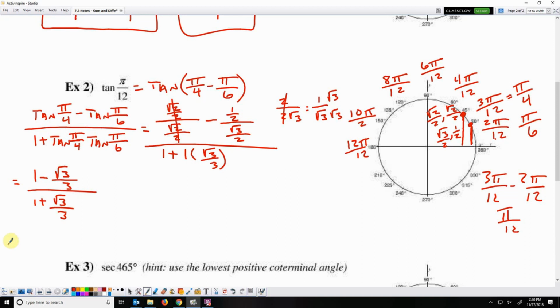Okay? So next, I need to be able to combine these terms in the numerator and then these in the denominator. 1, written with a common denominator here, is going to be 3/3. So it's 3/3 minus root 3 over 3 over 3/3 plus root 3 over 3.